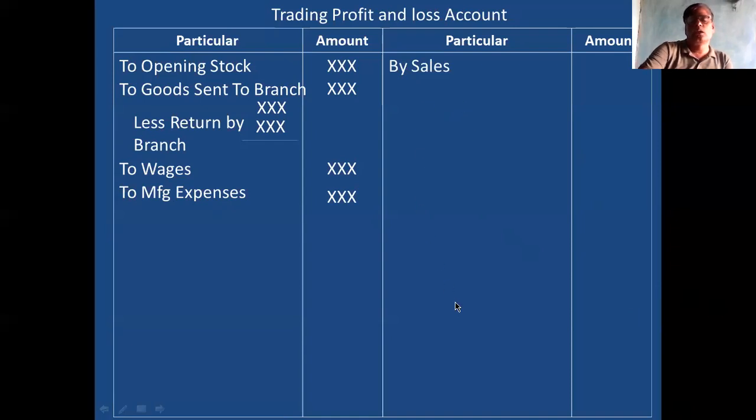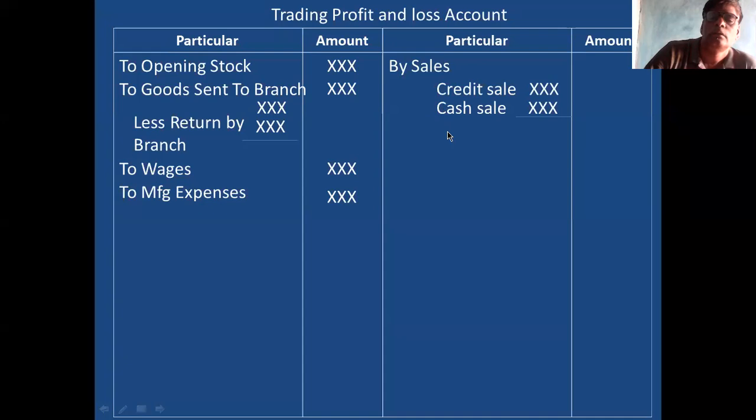Under the sales, what are the items coming? Cash sales, credit sales, then less return. Less return means it is the sales return.